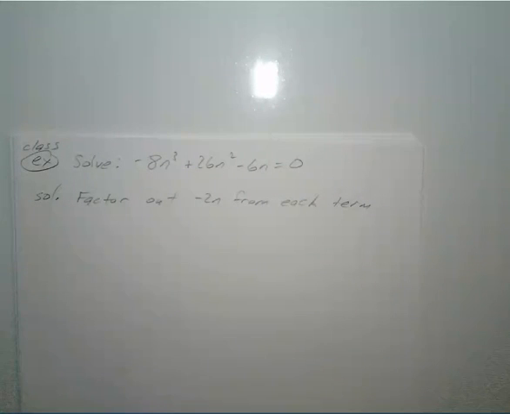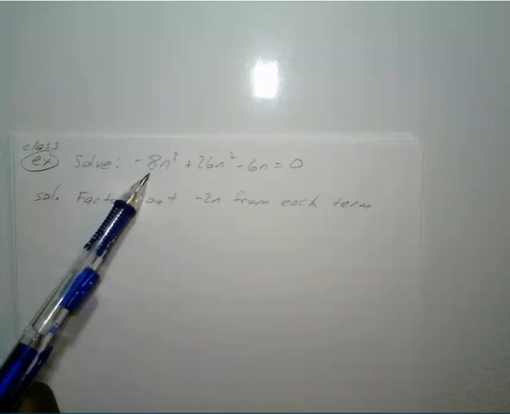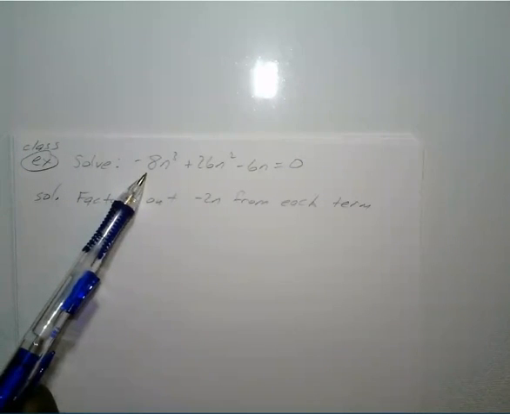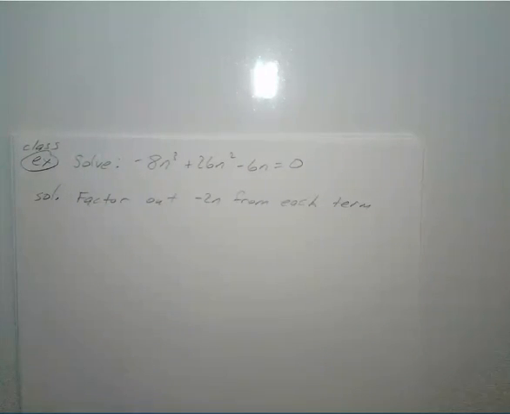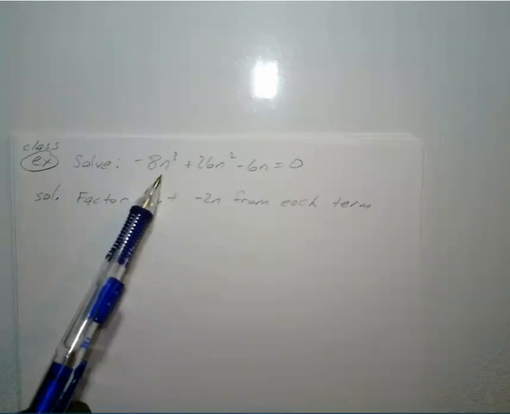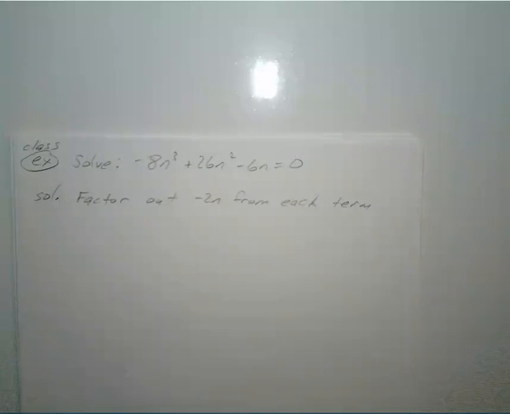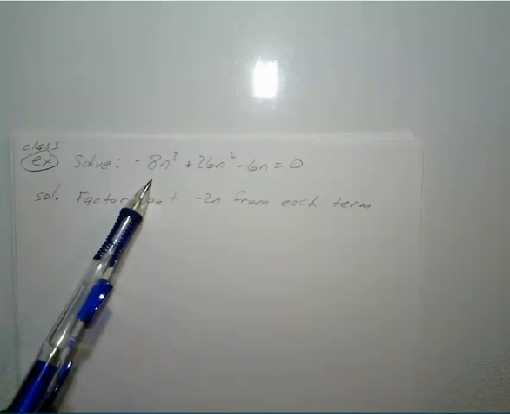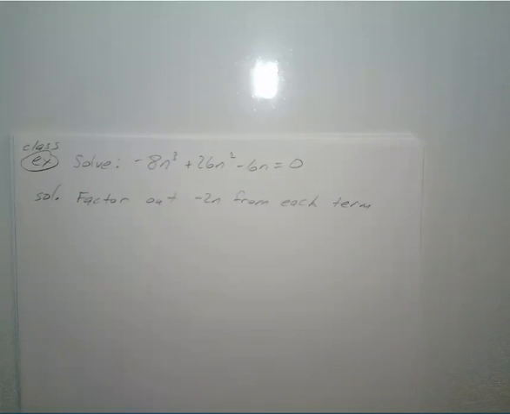The reason I did a negative 2 is because I want that first term to be positive. It just makes things a little bit easier. If you did factor out just a 2n, you could still solve it. It just makes things a little more difficult with that negative floating around. Factoring out a negative 2n turns that first term positive. Like I said, it just makes it flow a lot better.